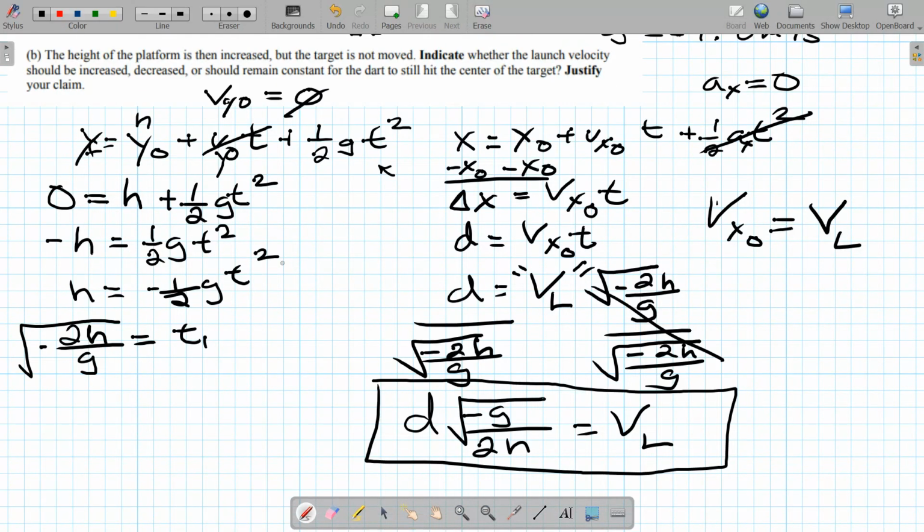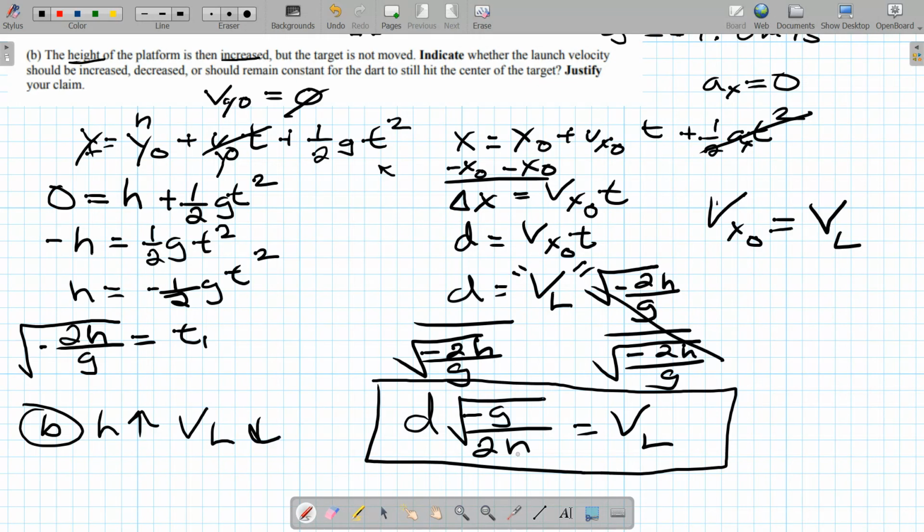It says, what happens if the height increases? Well, if the height increases, the speed should be, so let's do these scenarios. Part B, if h goes up, then our launch speed has to go down.